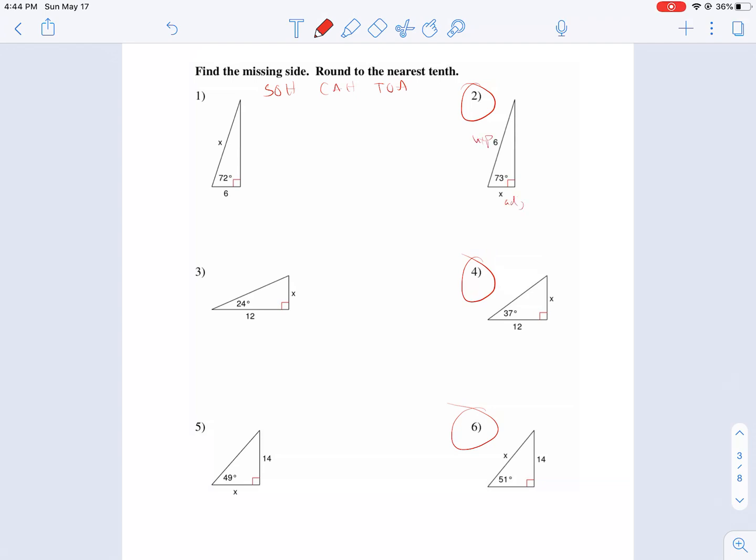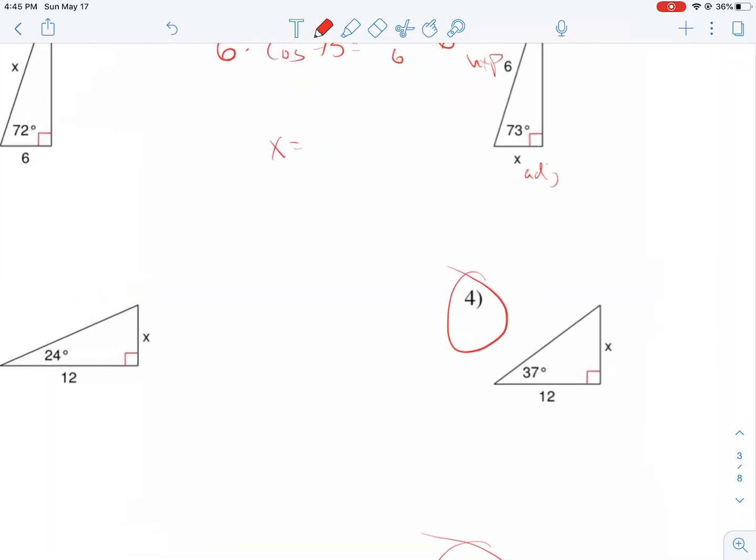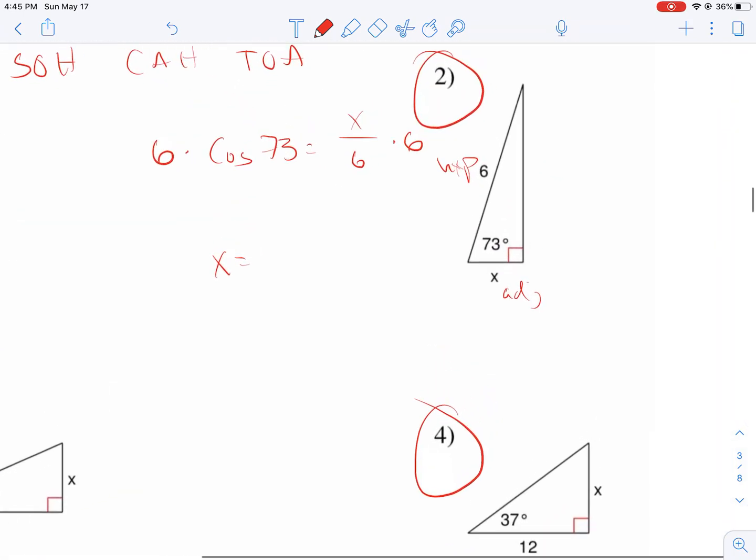This is our hypotenuse. Okay, so which one involves adjacent and hypotenuse? Well, that's cosine. So we're going to go to cosine. Cosine of 73 degrees is equal to x over 6. Multiply both sides by 6, and you get x is equal to 6 times the cosine of 73.